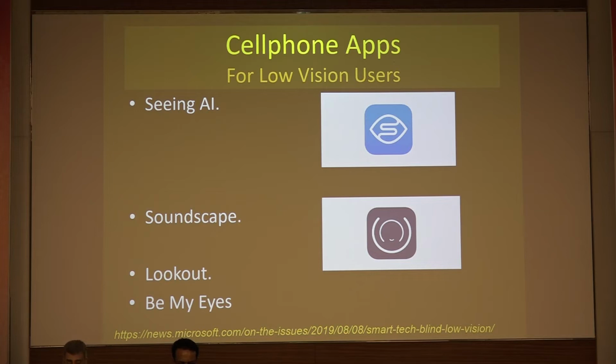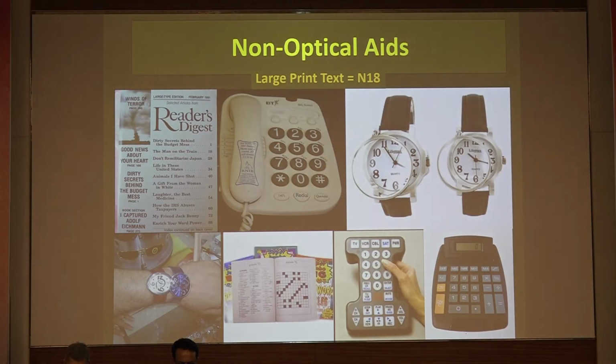There are so many apps coming up now to help such patients. And along with that, we can enlarge the text, and it can be used in many devices like textbooks, phone dials, watch dials, calculators, remotes, which can help such patients.